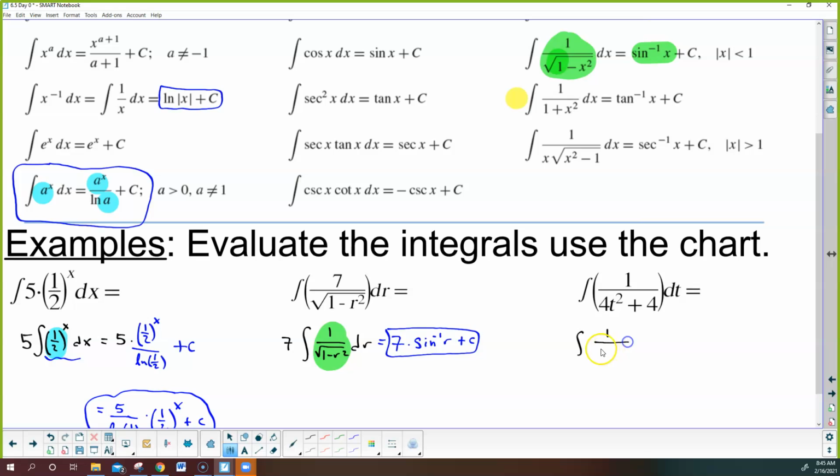Now, I'm going to show you this just so you guys understand why I would do this. I've got a 4 on bottom in both spots, which means I can factor the 4 out. But then I've got a 1/4 that can actually be taken out. Now, if I take away a 1 from a 1, there's still a factor of 1 left over up top, right? But on bottom, I get t squared plus 1, which you'll see why I'm doing this.